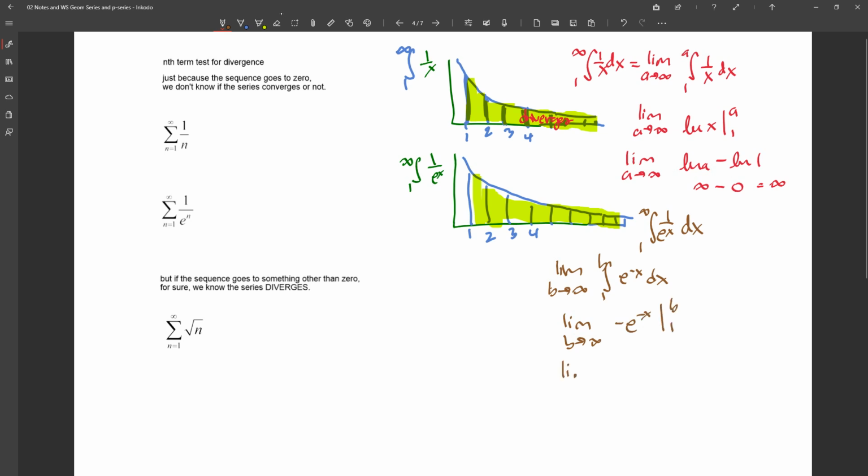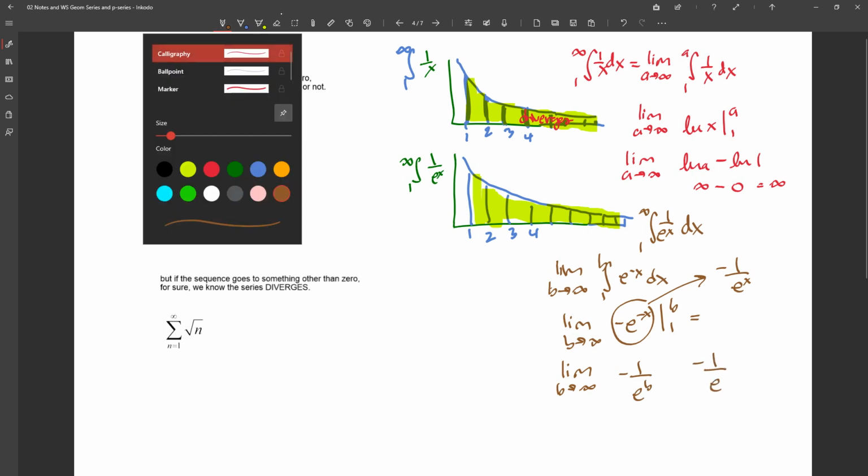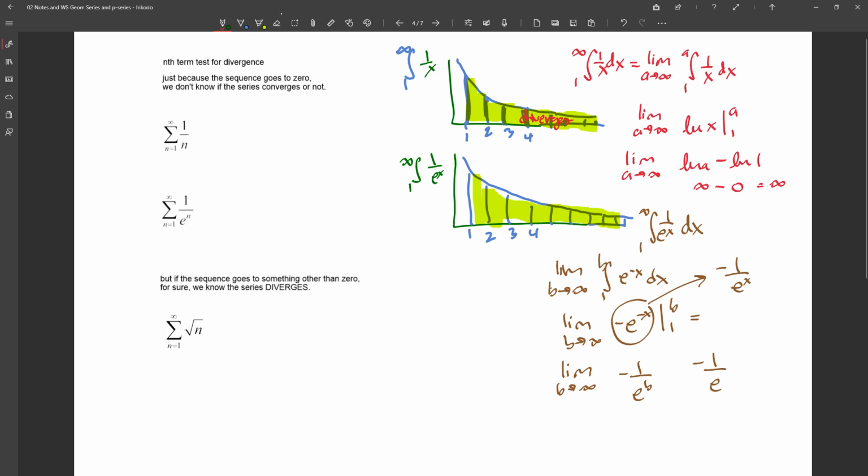Carry down little brother, so limit as b goes to infinity. This right here is really the same as negative 1 over e to the x. So let me plug in b there, so it's negative 1 over e to the b. Let me plug in a 1 there, so it's negative 1 over e to the 1. And then I'm going to slap a minus sign in the middle.